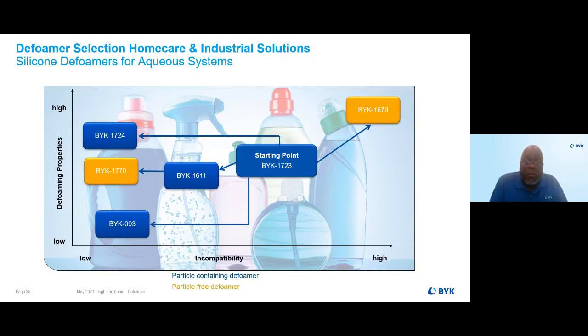While 1679 has higher incompatibility, that it may not necessarily be very good in certain aqueous products, whereas 1723 is right in the middle and may be a more all-around product. But as I stated earlier, there is no all-around defoamer because the world is full of solutions and applications.